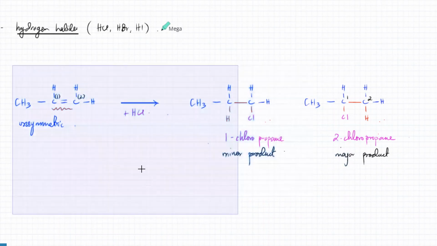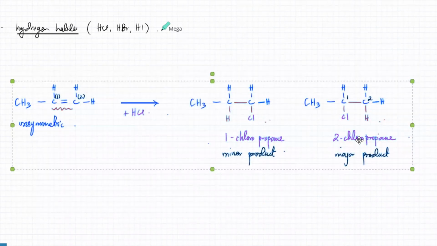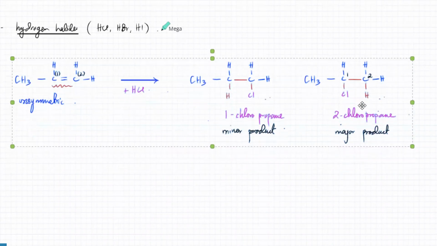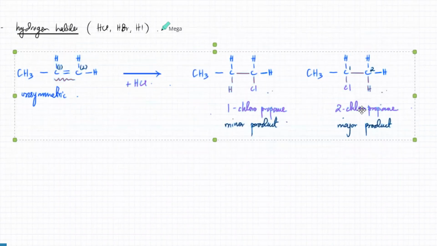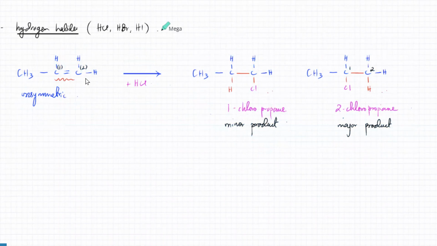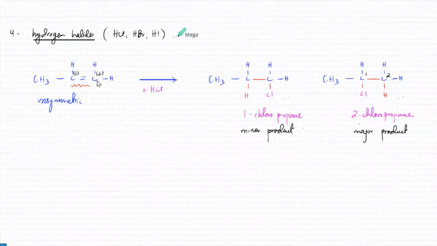You don't have to go into second degree or anything to identify the major product. It's easier to identify it by just remembering that the H will get bonded to the carbon that's bonded to more H atoms. We're going to do the reasoning later. Is that clear? Okay.